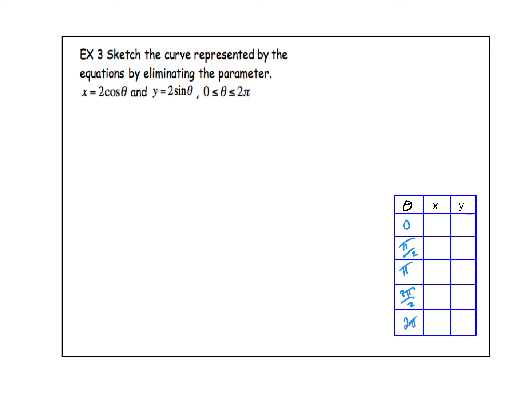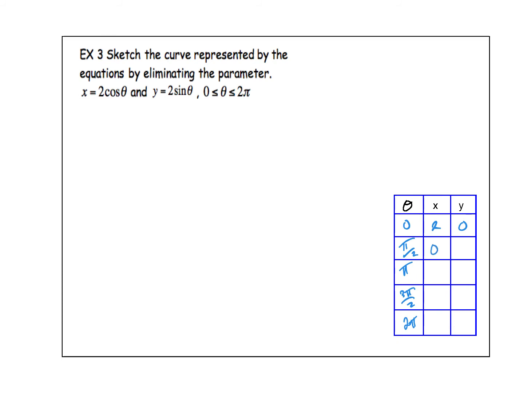Okay? So if I put those thetas into my x and my y parameters, then 2 cosine at 0 would be 2. 2 sine at 0 would be 0. 2 cos at pi over 2, well, that would now be 0.